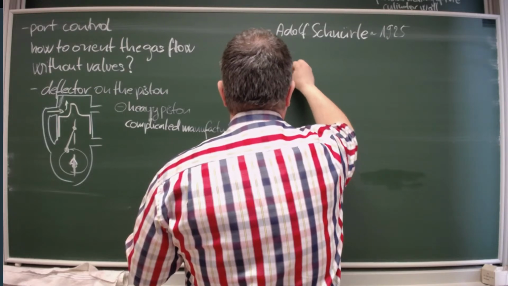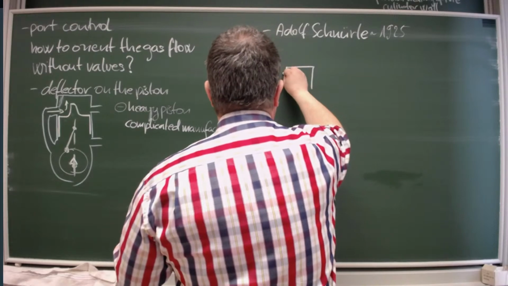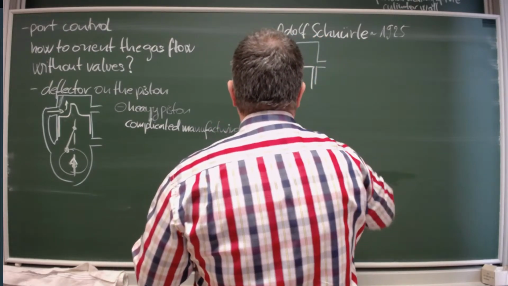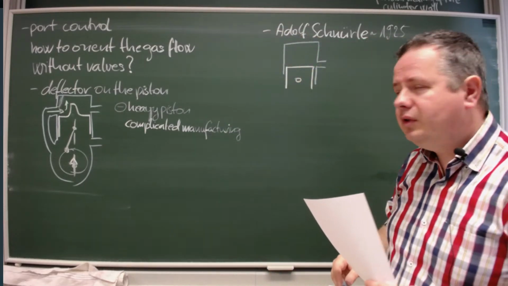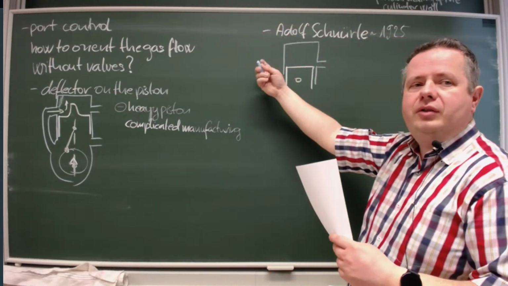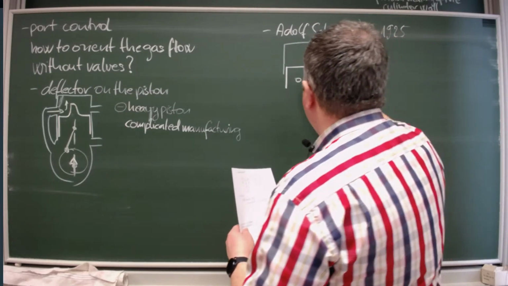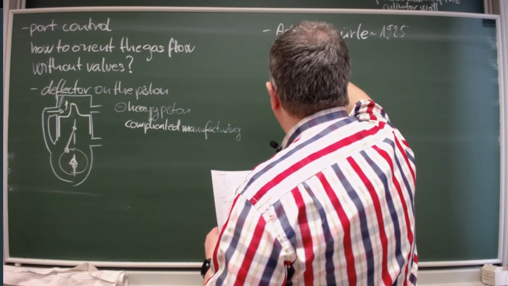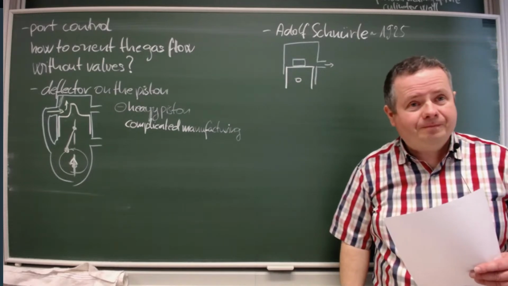If we get the piston, we draw the cylinder around just the upper part of the cylinder. And if we don't put the scavenging port or transfer port in opposite of the exhaust, so here you get the exhaust, but we put it somewhere on the side under an angle, then interesting things can happen.